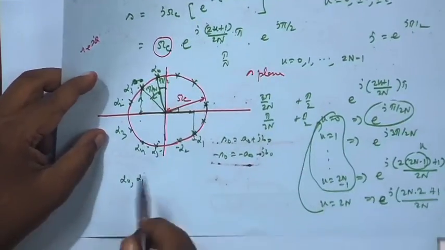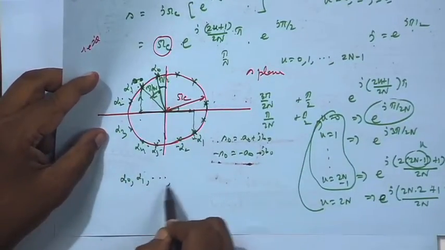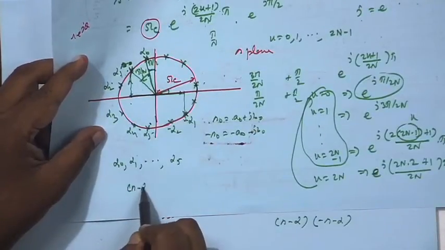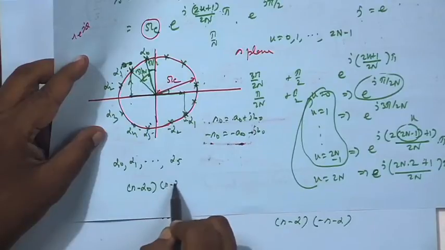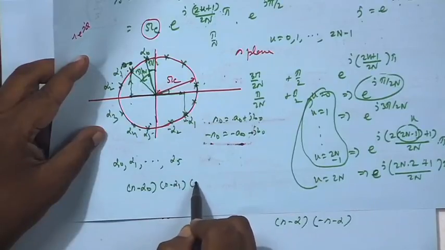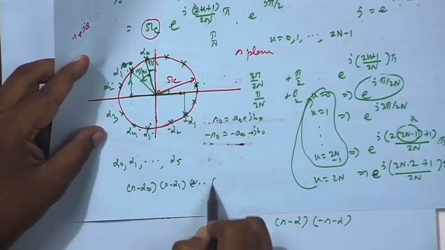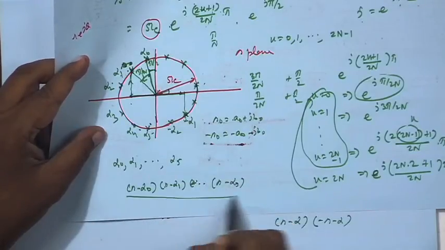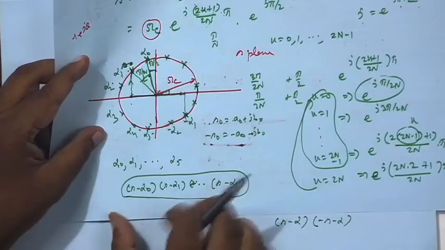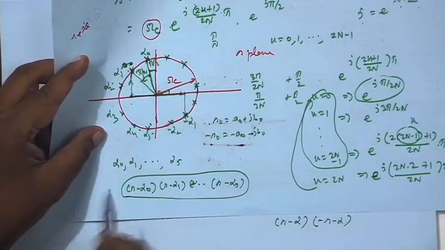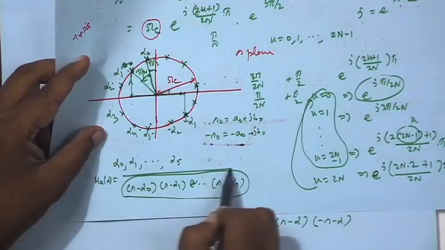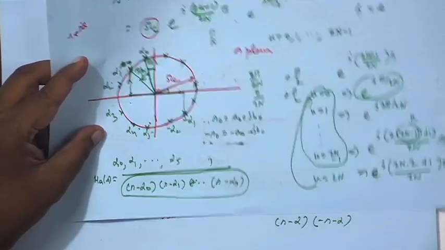So, we do not consider those; we consider alpha 0, alpha 1, up to alpha 5. We consider these factors: S minus alpha 0, S minus alpha 1, up to S minus alpha 5. These poles I give to H_A(S), that is, H_A(S) is 1 by this.